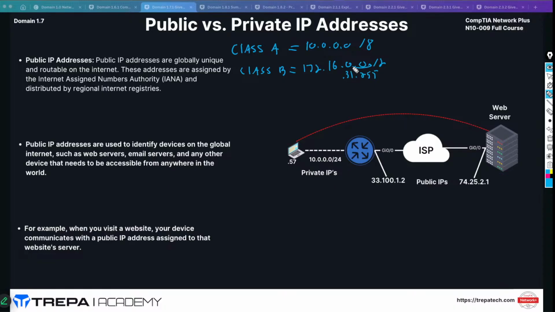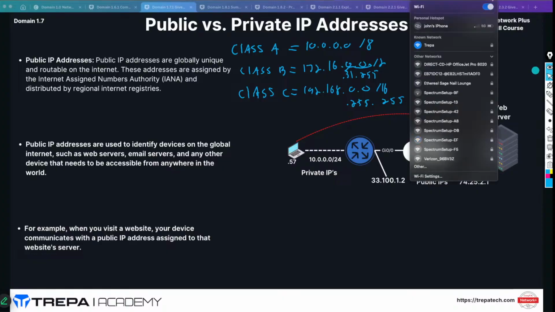That's the range, right? And then class C, 192.168.0.0/16, which pretty much was through 255.255.